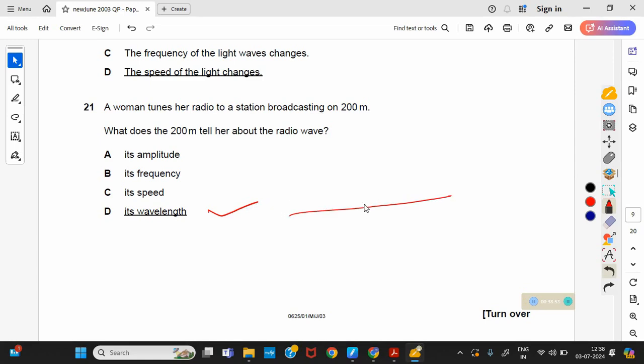If you plot a wave, this is the lambda, the peak to peak distance, here and here. Wavelength is the distance between consecutive points in the wave that are in the same phase. Option D is right.